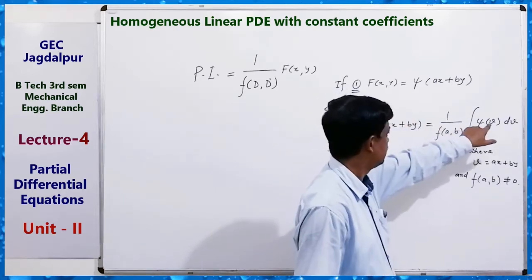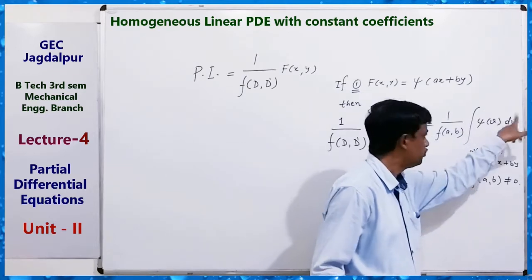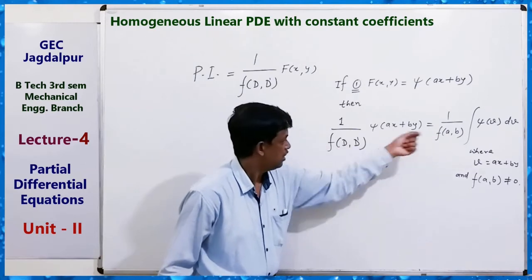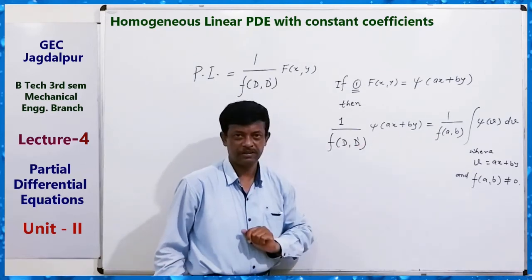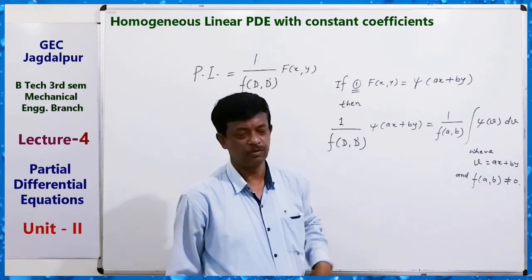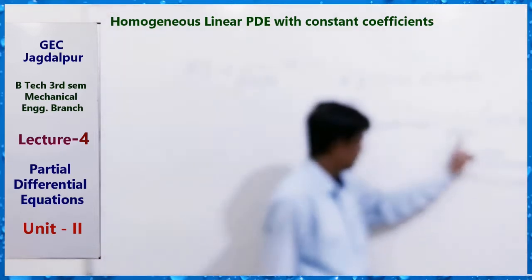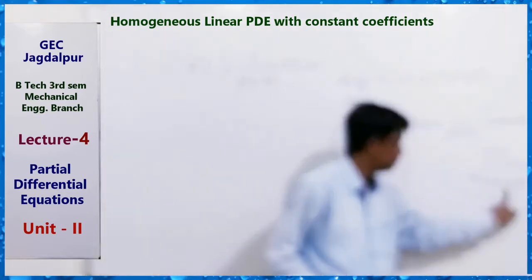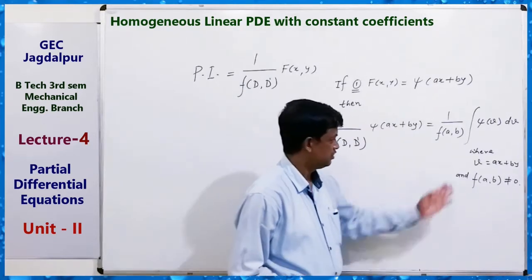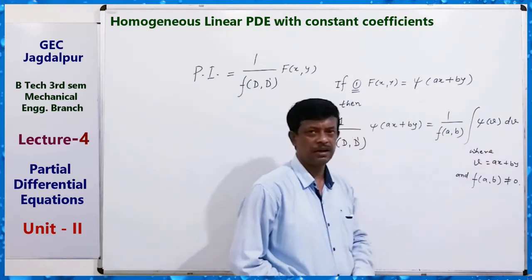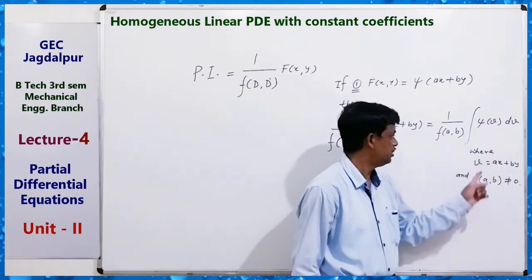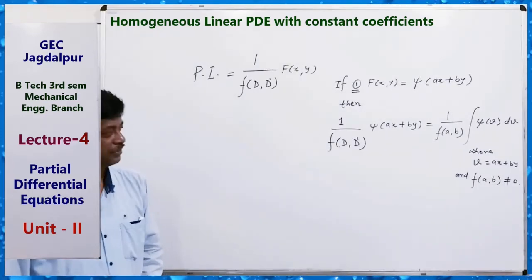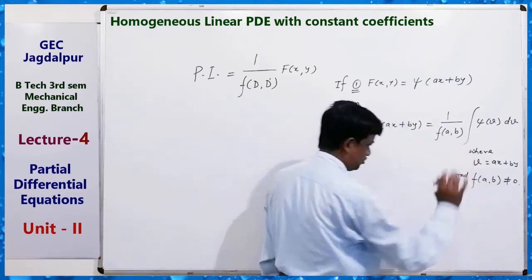So integrate psi v with respect to v, and just write a in place of D and b in place of D dash. The value of this is this. Now we can solve it, provided f(a,b) is not equal to 0. After solving, you have to put ax plus by in place of v. This is the formula, for f(a,b) not equal to 0.